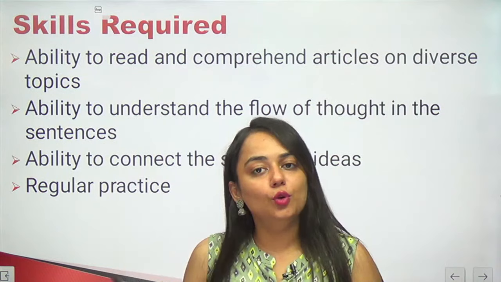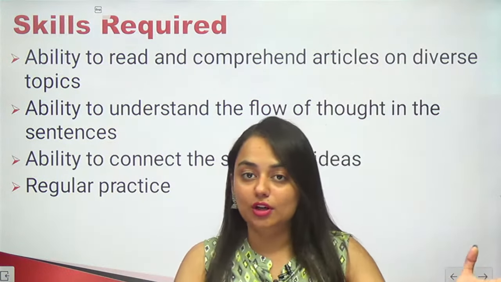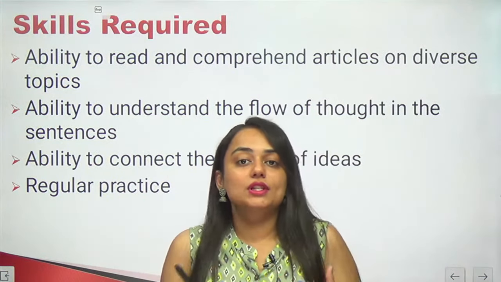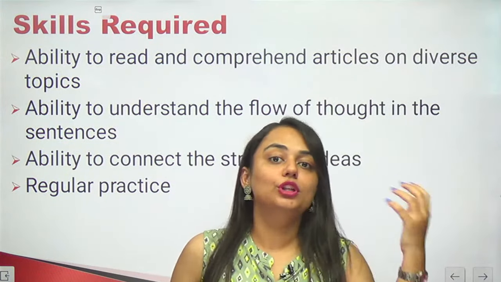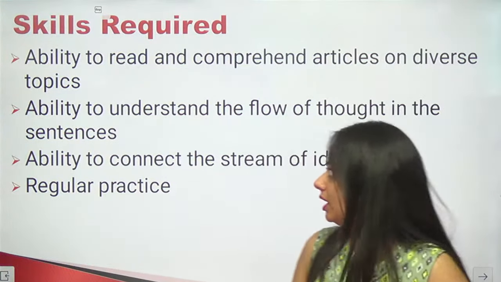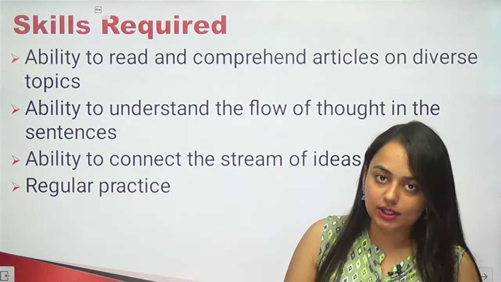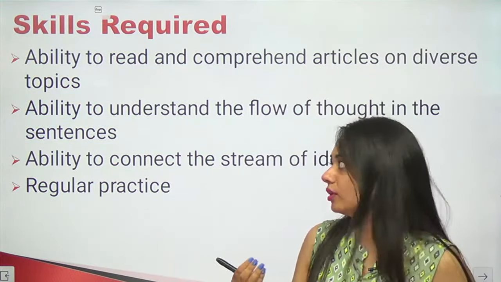Only if you have read enough, and noticed enough while reading those editorials or articles, would you possess that logical reasoning to put them in a particular order. So reading diverse topics and comprehending passages or sentences on different topics is important.